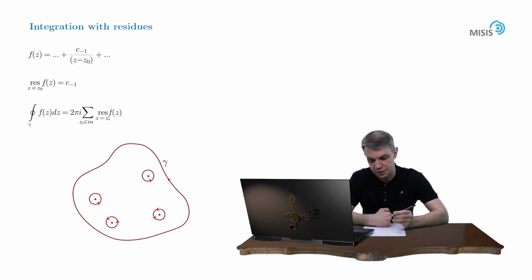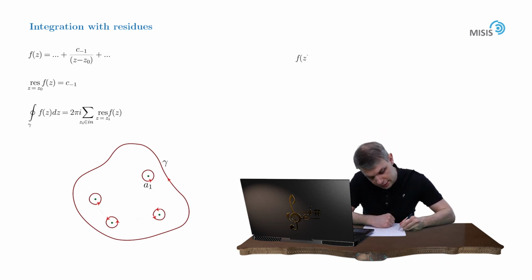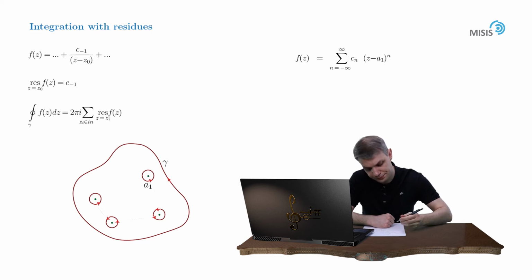For example, let's consider the integral around singularity a1. Since the contour is positioned in the neighborhood of the pole, our integrand can be represented by its Laurent expansion near this pole. So let's write it down. It's a sum from minus infinity to infinity of c_n times (z minus a1) to the power of n.